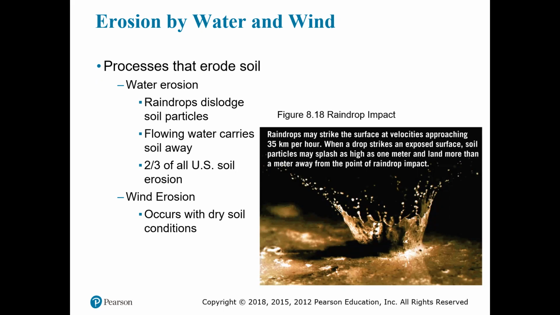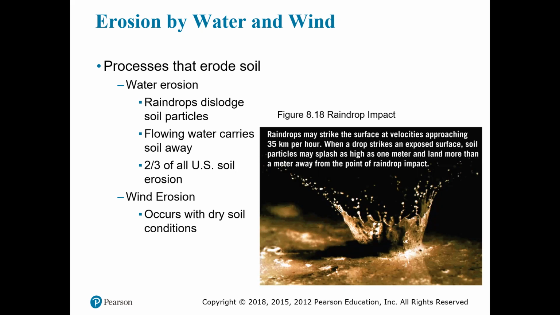And you see this picture here of the impact that a raindrop can have on soil. You see there they can have velocities of close to 35 kilometers per hour. So when a raindrop hits a surface, especially if it's a dry surface or a loose surface, these raindrops splash, and they make the particles go up in the air and then land away from the impact.